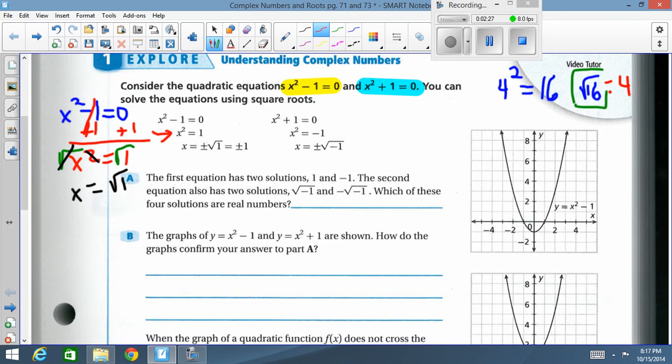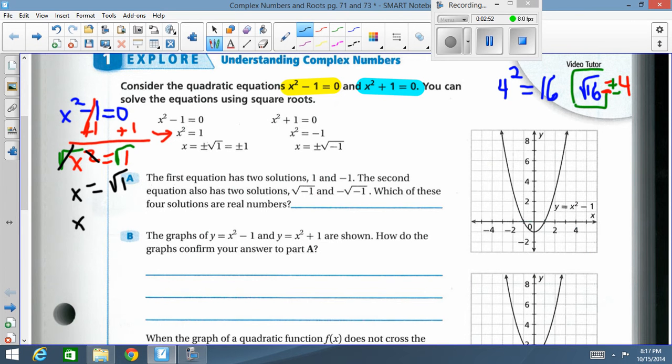And yes, 4 times itself would give me 16. But that's not the only number times itself that gives me 16. Negative 4 squared would also give me 16. So when I do the square root of 16, there are two solutions. It's both positive 4 and negative 4.